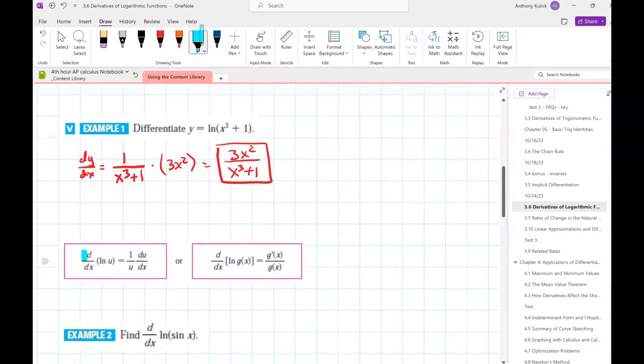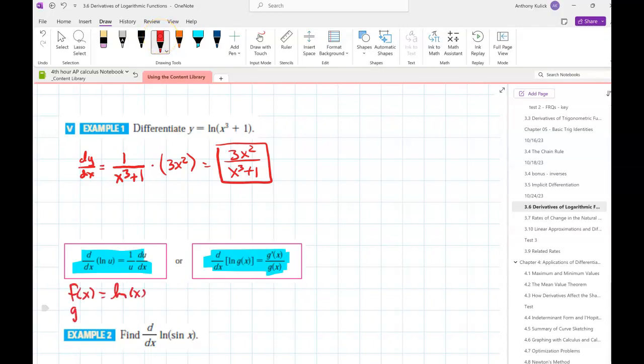The book has these two additional derivative formulas. What are we really looking at here? Isn't it just like implicit differentiation? It's the previous derivative rule with the chain rule built into it. So your outer function is the natural log of u, and your inner function is u.